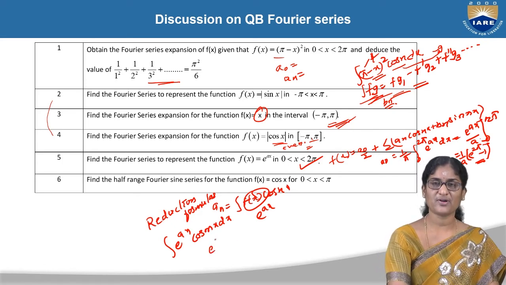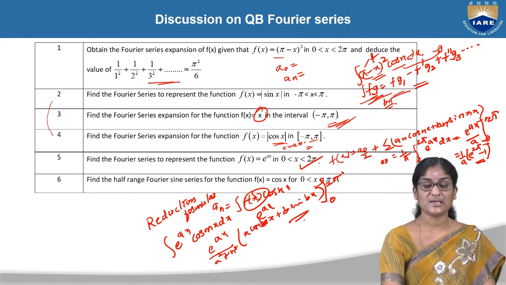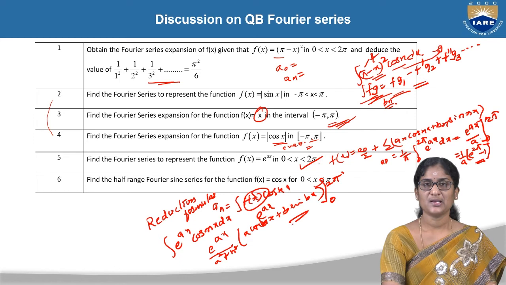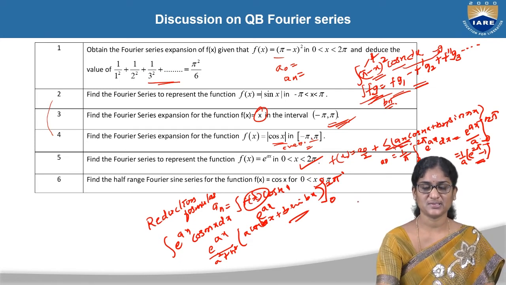So what is the reduction formula? E power ax by a square plus n square into a cos nx plus n sin nx. So this is the reduction formula, and apply limits from 0 to 2 pi to give the answer. After getting the answer, this has to be substituted in the main Fourier series.